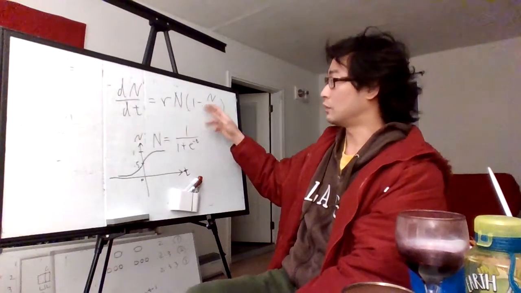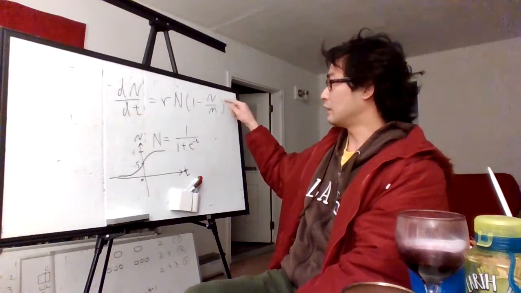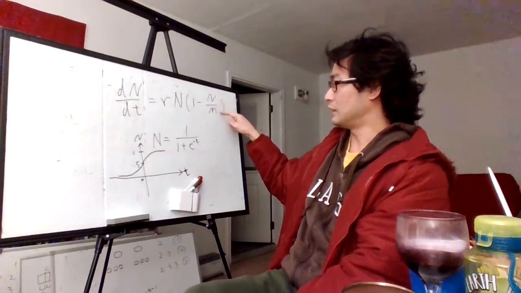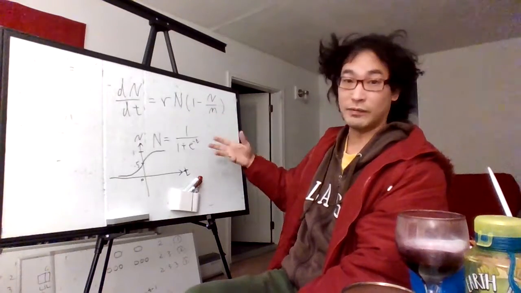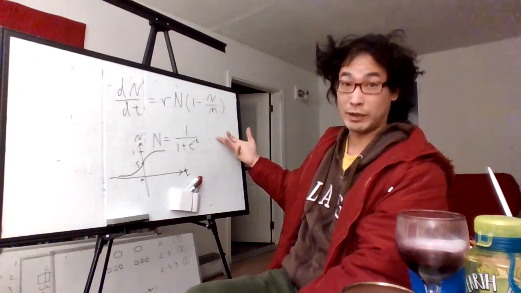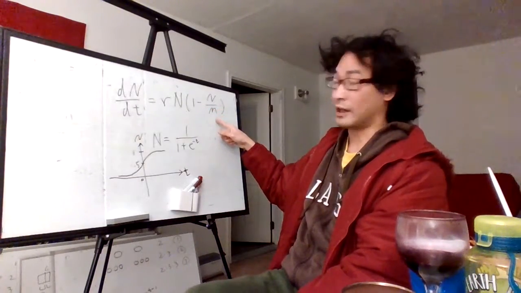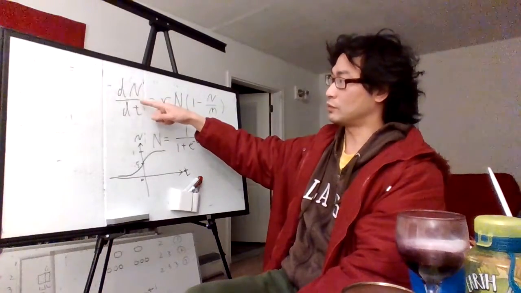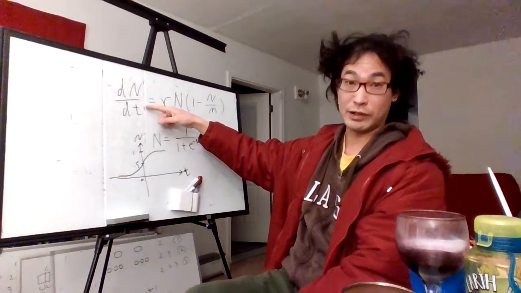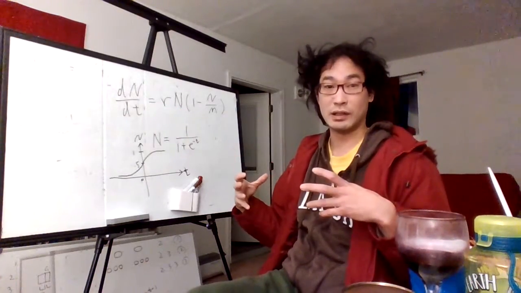Now, the overpopulation scenario: the population exceeds the maximum capacity the environment can sustain. So 1 minus a number bigger than 1 is negative. So the speed of population growth turns negative and the population decreases.